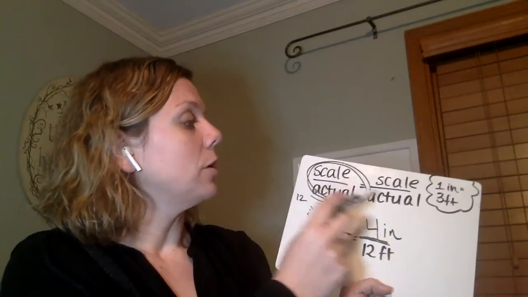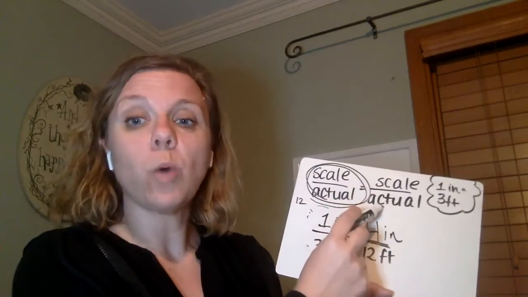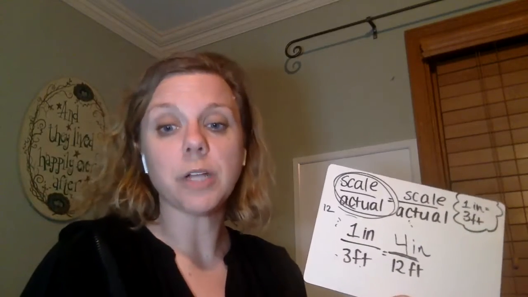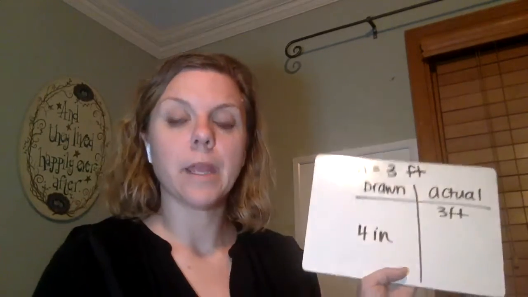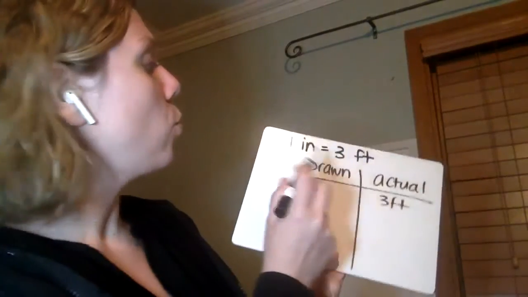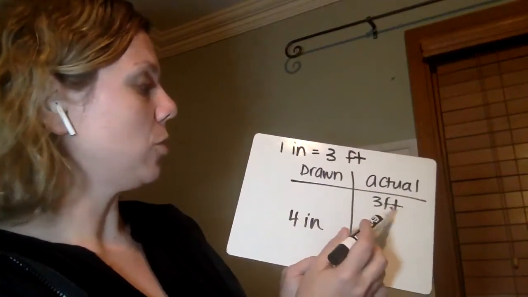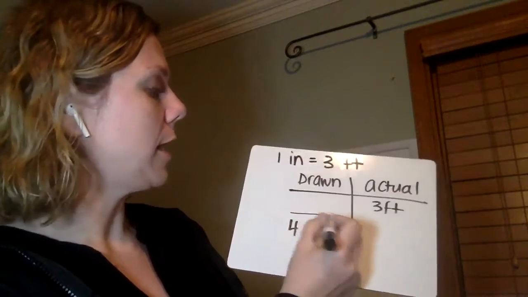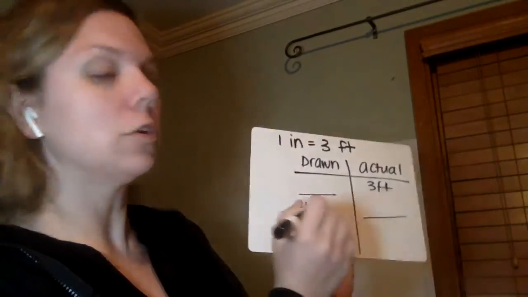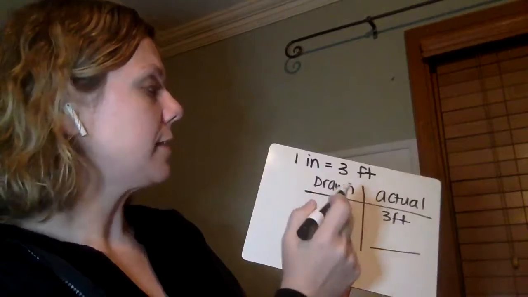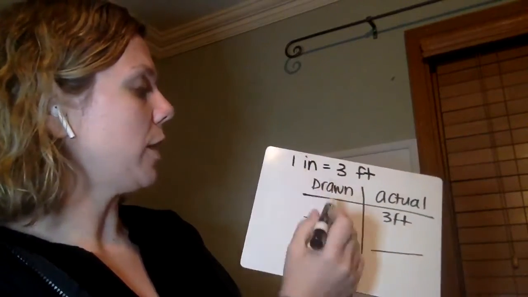So we're going to set it up: scale over actual equals scale over actual, and one of these might be your unknown, depending on what you're working with. We're going to do another example in just a second. So here I have that 1 inch equals 3 feet, and here I know my actual, and here I know my drawn, and then my unknowns are over here. You might actually be able to do this in your head and say, well, 3 feet equals 1 inch, right?